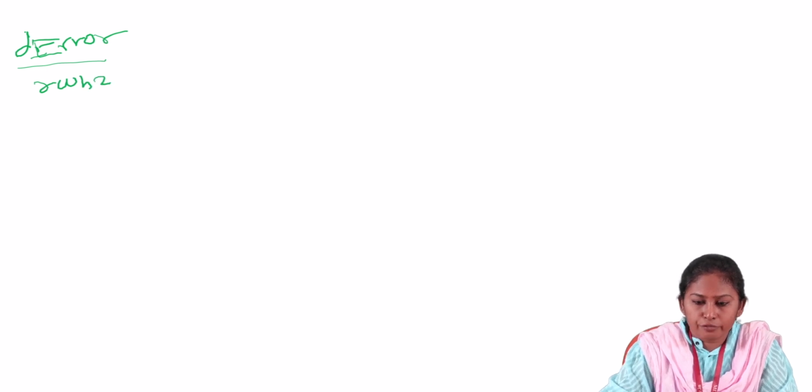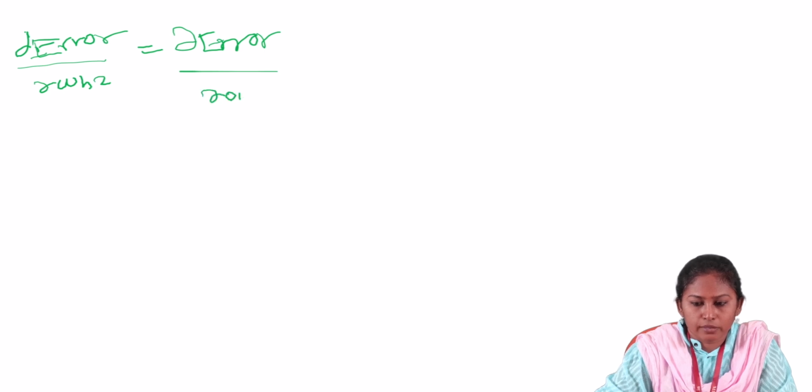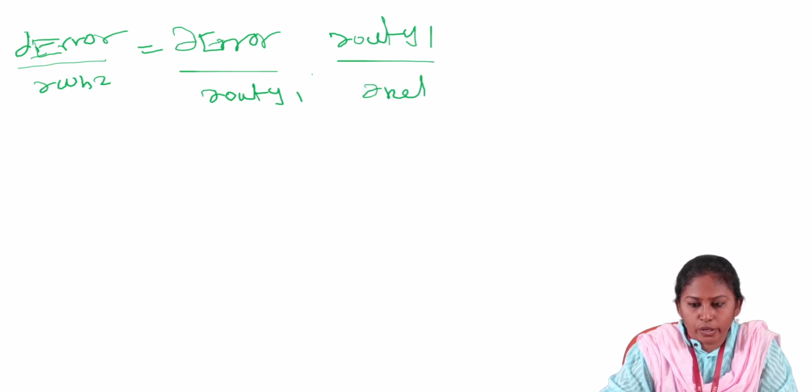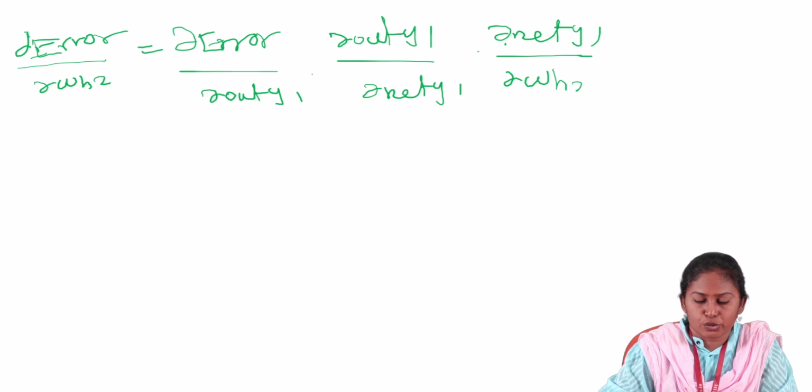So what we have done earlier, in the same way here, ∂Error with respect to ∂WH2, applying the chain rule: ∂Error/∂out y1, then ∂out y1 with respect to ∂net y1, into ∂net y1 with respect to ∂WH2.